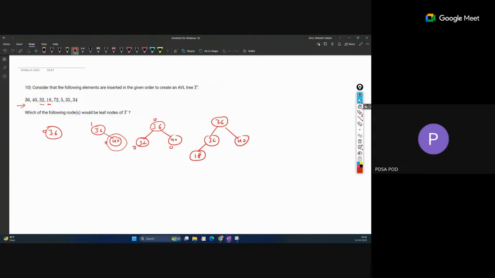Okay. Now the balance factor for a leaf node is 0. For 32, left height is 1, right height is 0. So 1 minus 0, 1. Okay. For 36, this is the left subtree and this is the right subtree. What is the left subtree height?